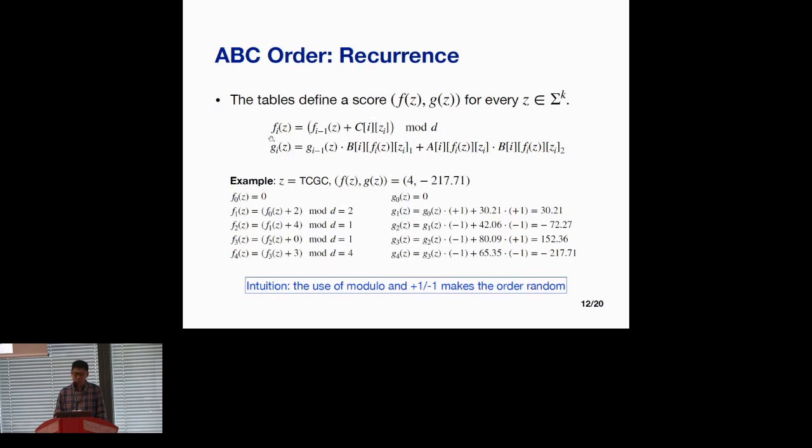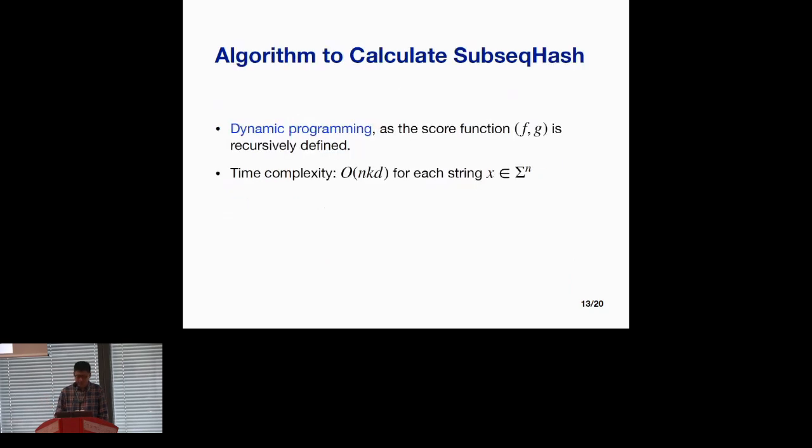That is, up to position i, the score only depends on the previous score at position i-1 plus something about the current position. Because of that, a dynamic programming algorithm can be designed to calculate the smallest subsequence, simply because the score is recursively defined.